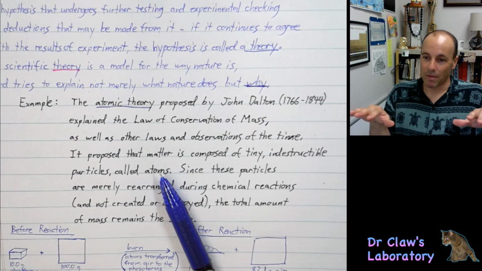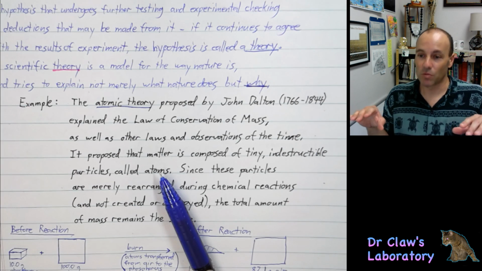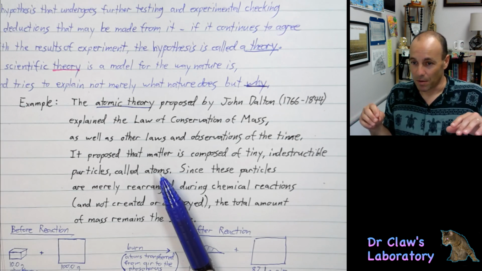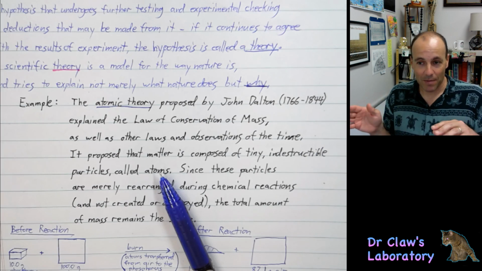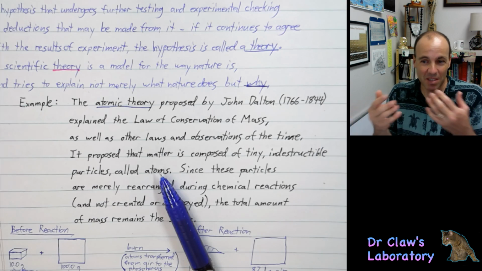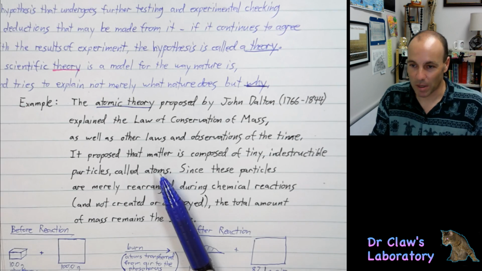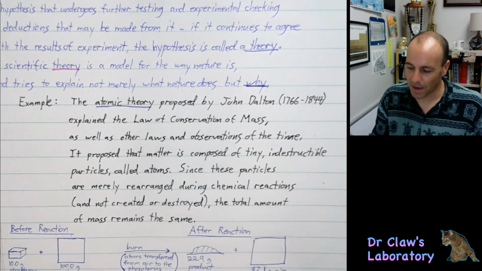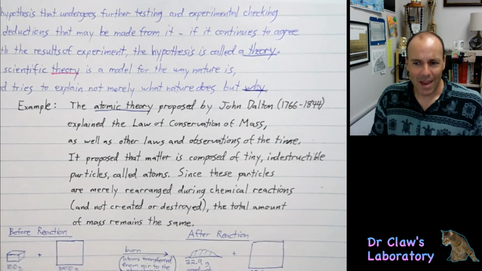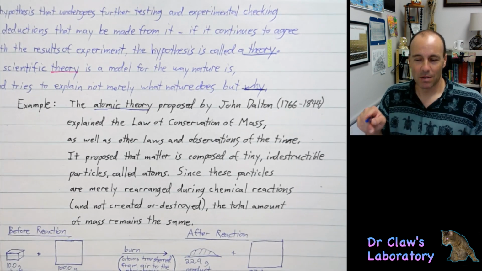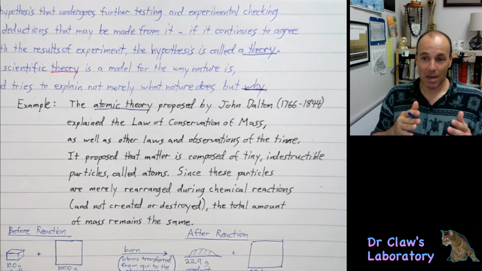He says all matter is made of atoms, and these atoms are indestructible. So they're not created and they're not destroyed. They're always there. When you have chemical reactions, the atoms simply can be rearranged, but they're never created nor destroyed. So that does, in fact, explain the law of conservation of mass. The reason no mass is created nor destroyed is because mass is made of atoms, and if atoms are never created nor destroyed, then mass is never created nor destroyed.